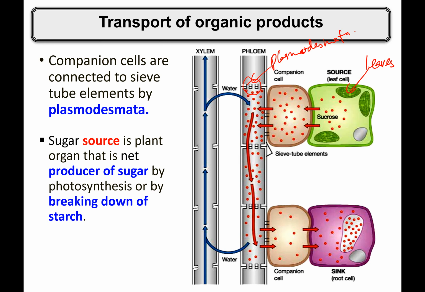You have to look in more detail at how the source will produce sugar, and after that the sugar will move throughout the plant through the phloem structure. The source of sugar, for example the leaf. The leaf is actually the main production area where sucrose, or organic product, will form.